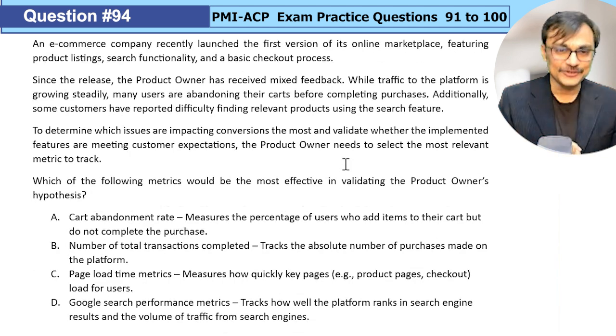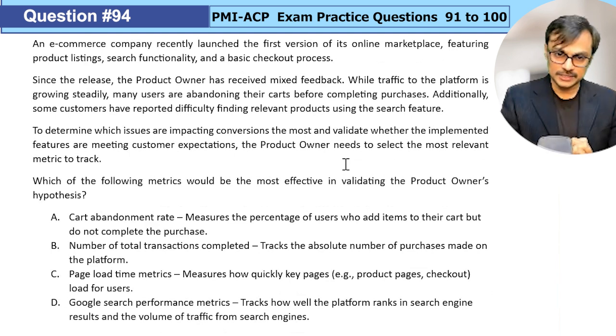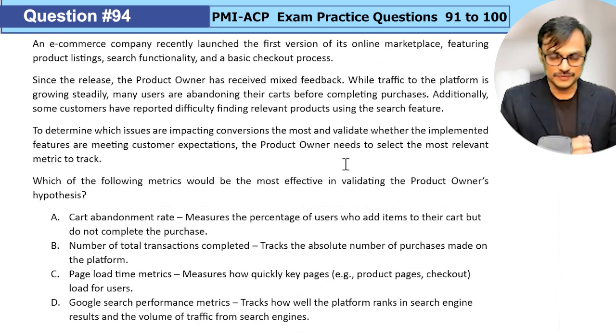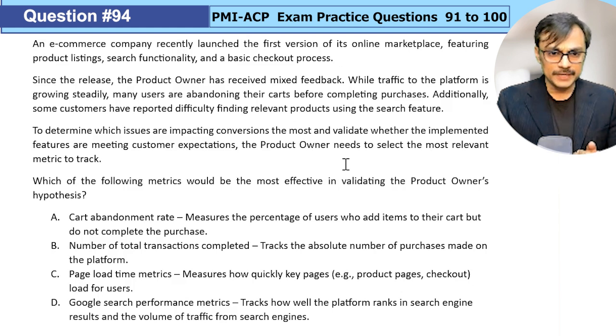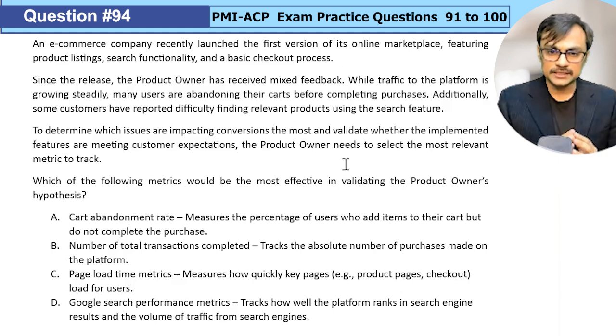Question number 94. An e-commerce company recently added the first version of its online marketplace featuring product listing, search functionality, and basic checkout process. Seems to be an extension of the same thing which we discussed before. Since the release, the product owner has received mixed feedback. While traffic to the platform is growing steadily, many users are abandoning their cart before completing the purchase.